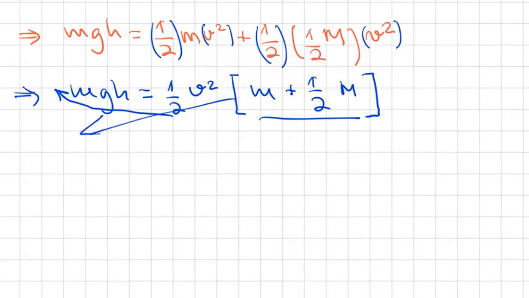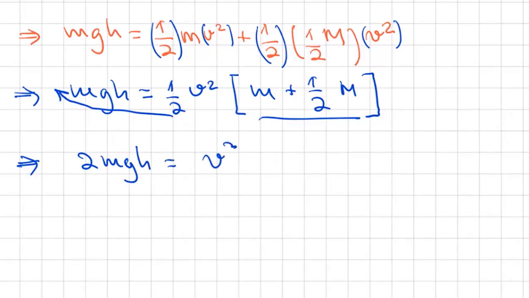Okay, when I do that, finally I will get something like this, 2mgh equal to v squared dividing m plus 1/2 of the mass.